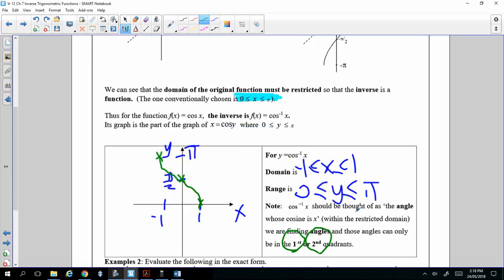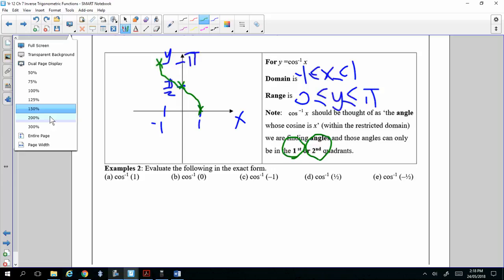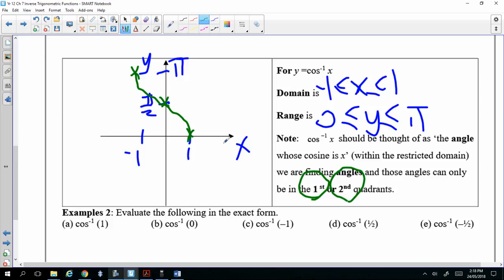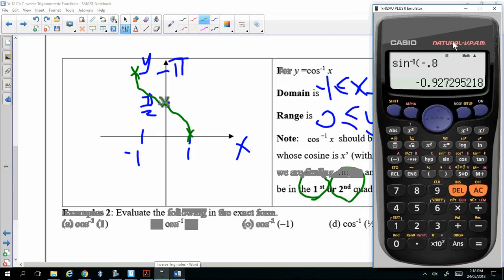Okay, let's do the first one. For a calculation question, when it is on the boundary like 1, 0, and negative 1, you can just use the graph, or you can use the calculator. If you use the calculator, you can do it in either degree mode or radian mode. Let's put in degree mode. If you do shift cos of 1, it should give you 0 degrees or 0 radian.